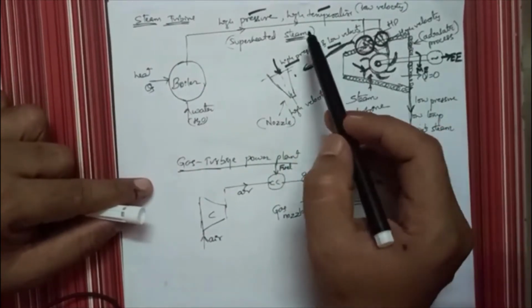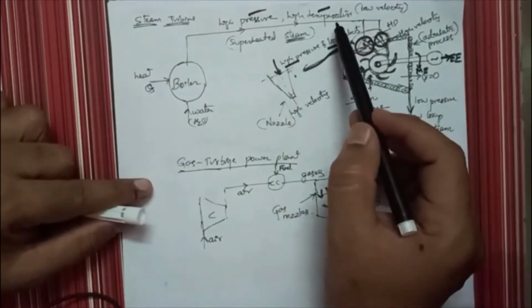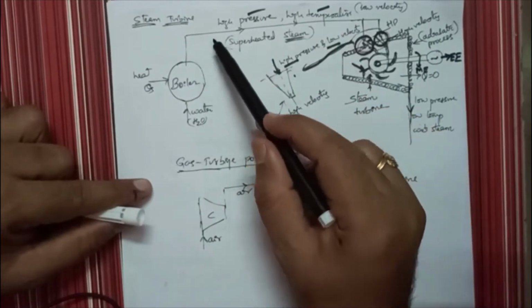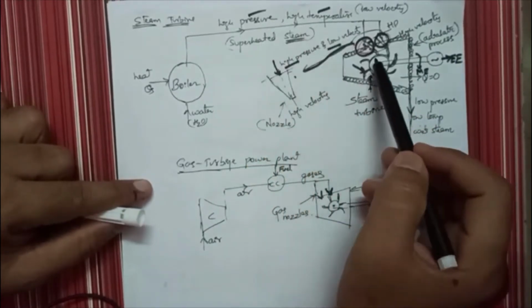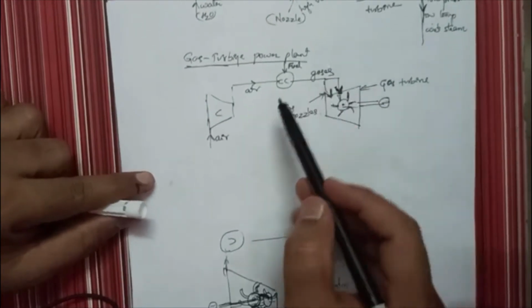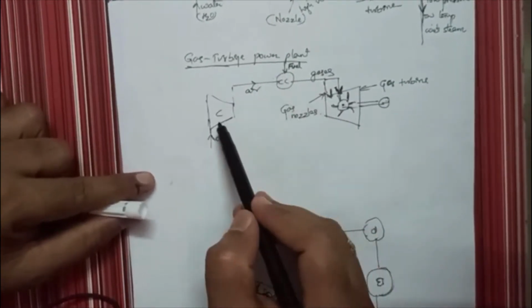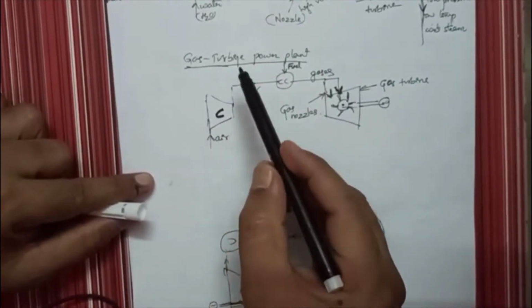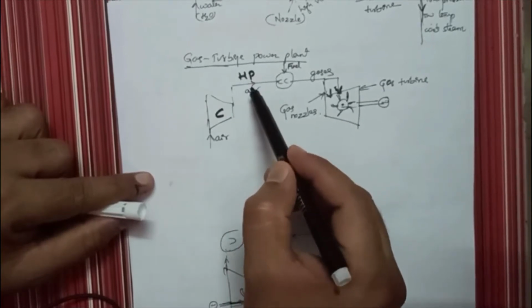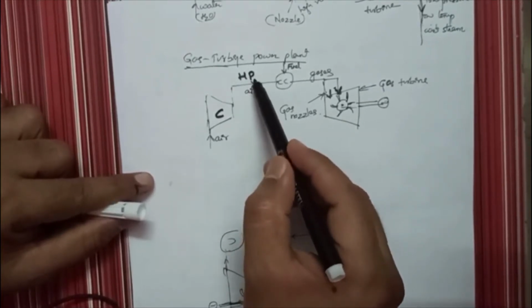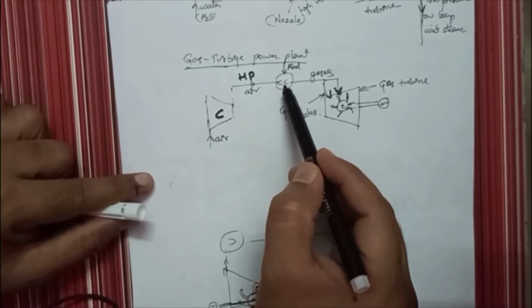For example, if the working fluid is gas instead of steam, here it is steam, understood? So it is a steam turbine. If the working fluid is gas, it is a gas turbine power plant. The compressor produces high pressure air, and this high pressure air passes to the combustion chamber.